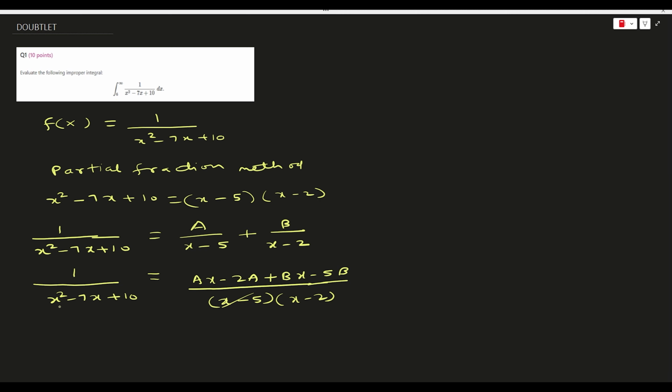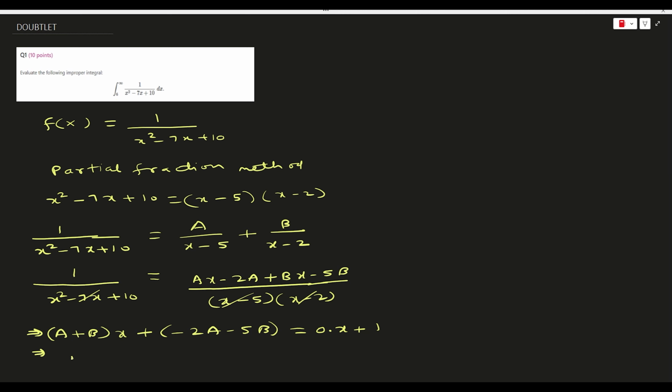So this will be cancelled out by this, and if we equate this, it can be written as (a plus b) multiplied by x plus (minus 2a minus 5b) is equal to 1. So 1 we can write as 0 multiplied by x plus 1.